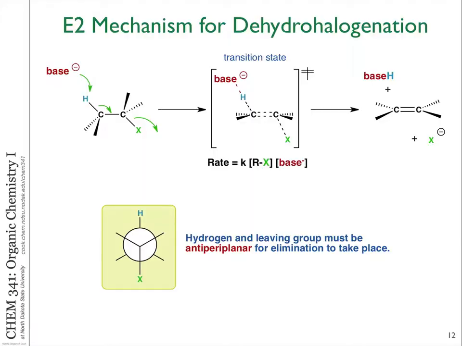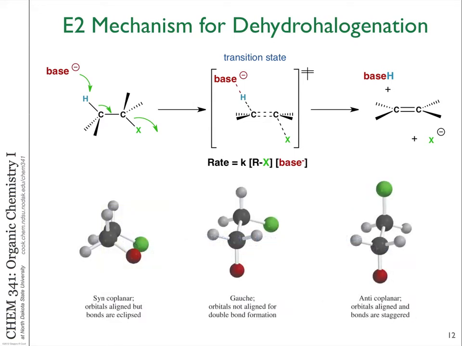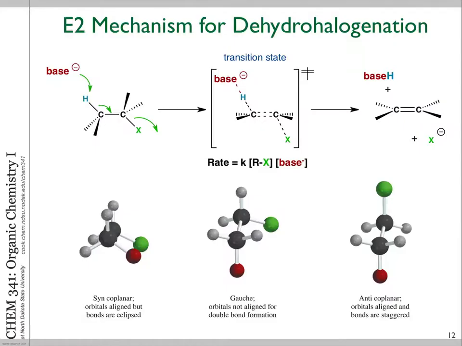Okay, so if you take a look at some other ways in which this could be drawn, it is possible that these could be a coplanar arrangement, but syn, that is, the groups themselves are aligned with a 0-degree dihedral angle, but notice they are eclipsing, so they are coplanar, but it's what we refer to as syn coplanar.